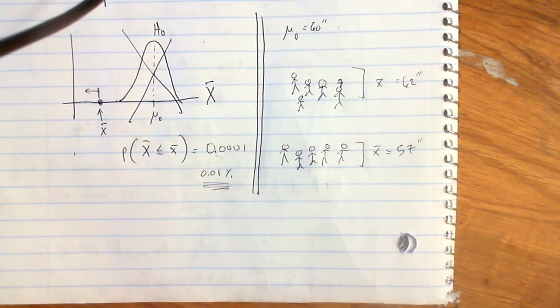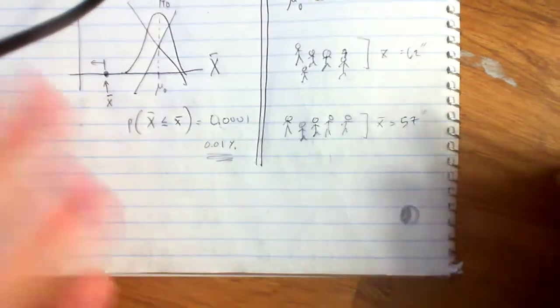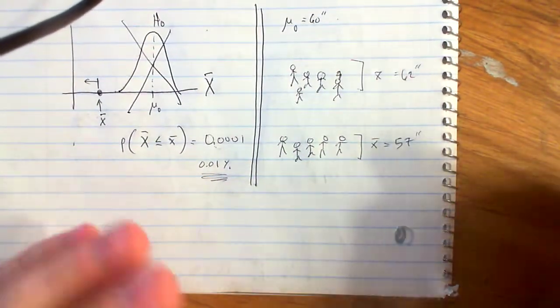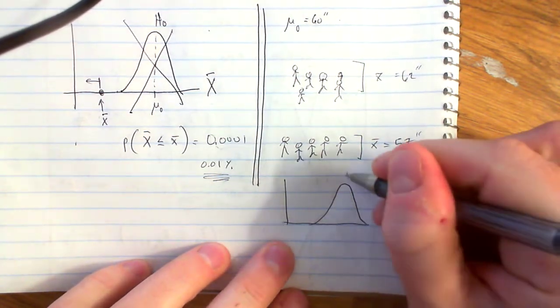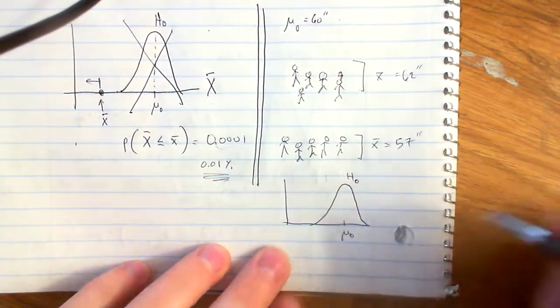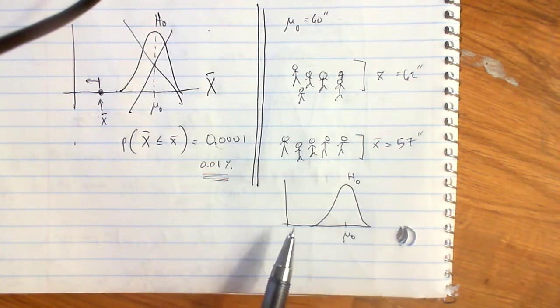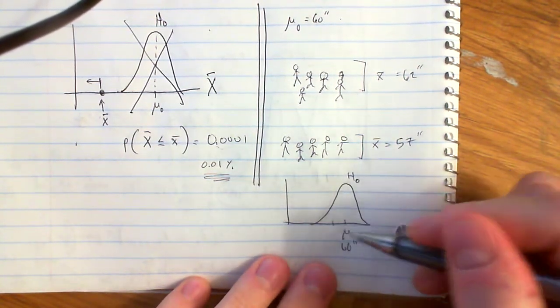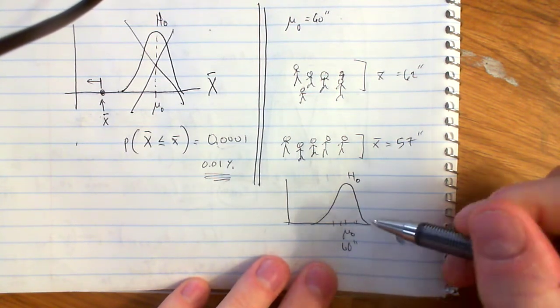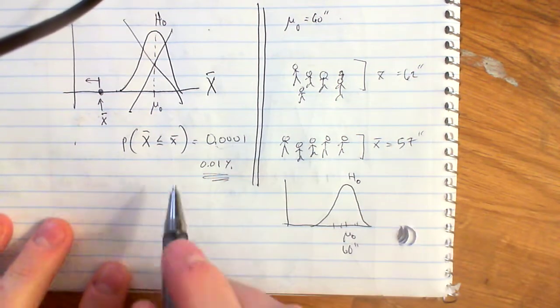No, there are deviations from the norm. We live in a noisy world where random fluctuation occurs. That's exactly what this plot is saying. H0, mu0. This plot is saying, you're not always going to see every sample exactly at 60 inches. Sometimes it's here, sometimes here, sometimes here. And we live in a noisy world.